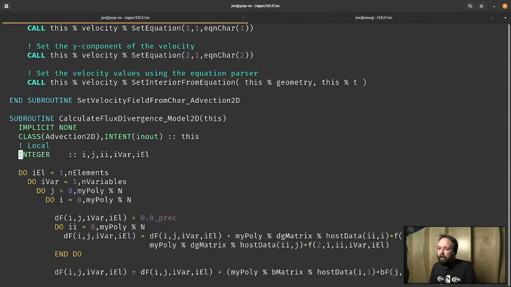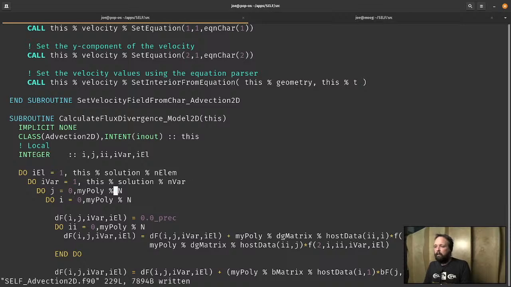Now we're talking. All right, so the way you pull out elements from one of the model classes is just grab the solution. You can grab solution and elem, and then we want this solution percent var. And rather than my poly, what we need to do is grab the interpolant that's associated with this solution.